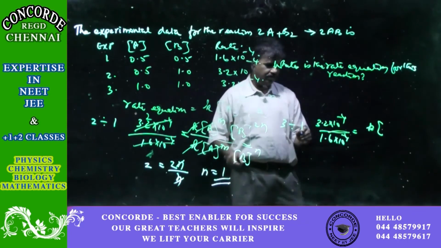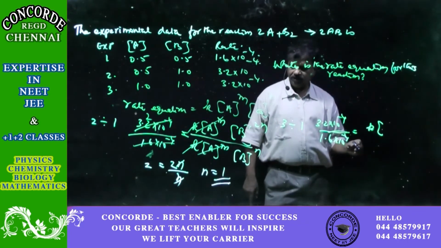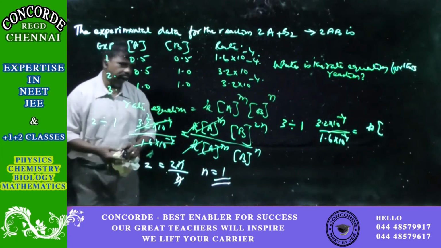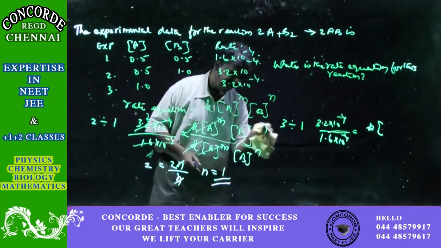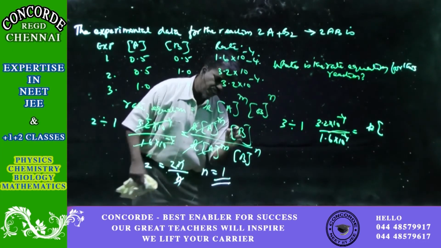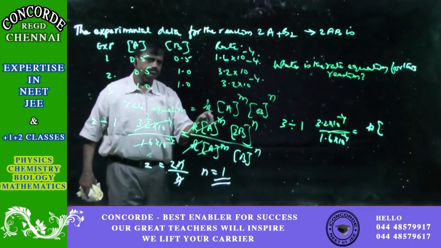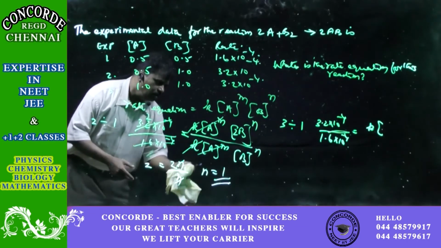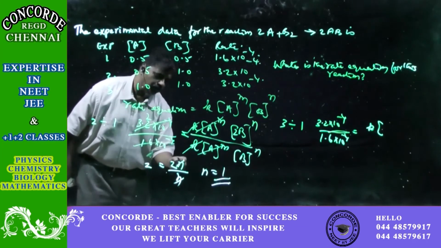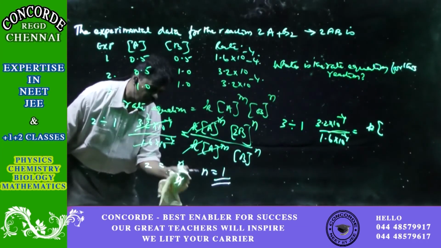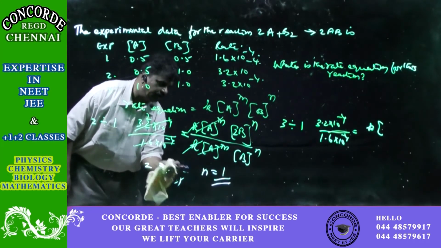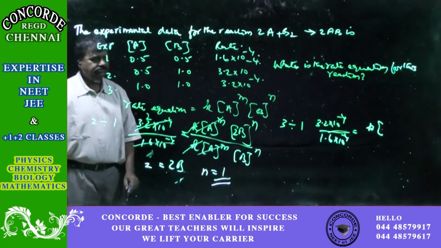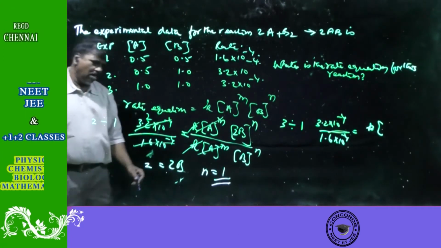So instead of this, we can even have it as 2b by b, 2b by b. So 2 times, n and n are getting cancelled. 2 power b is equal to 1, or b is equal to 1.